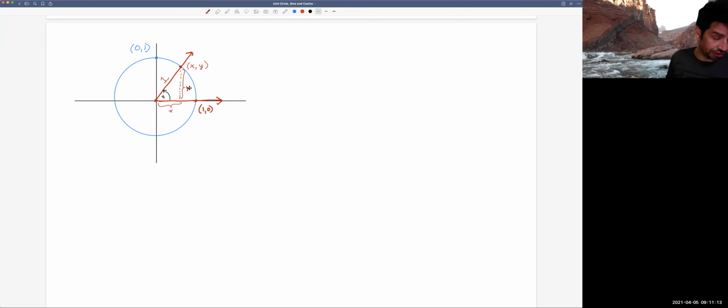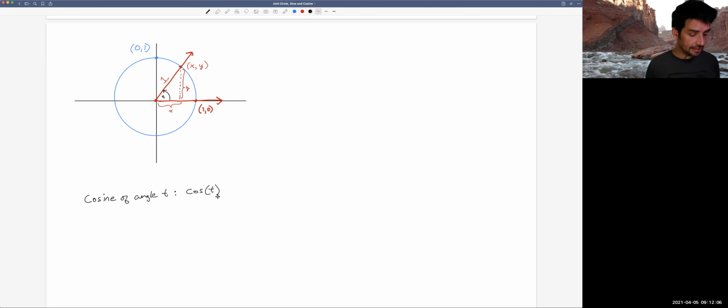Given all that, the cosine of the angle t, which we would just write as cos t, is the x-coordinate of the place where it intersects.